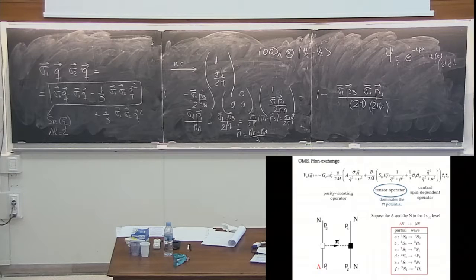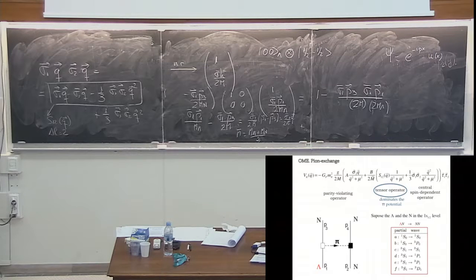So it's a central spin-dependent operator. When you work out the rho exchange, you will see that you will get, apart from this term here, a term which does not have this sigma 1, sigma 2 dependence, and another piece that goes like q squared in addition to this one.